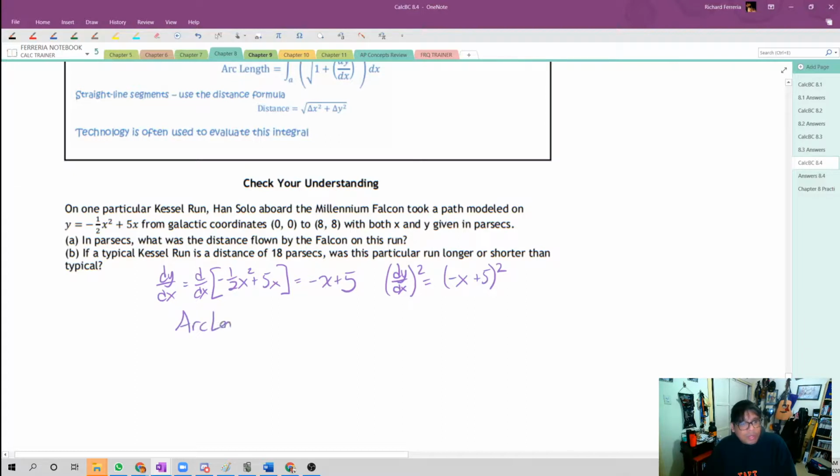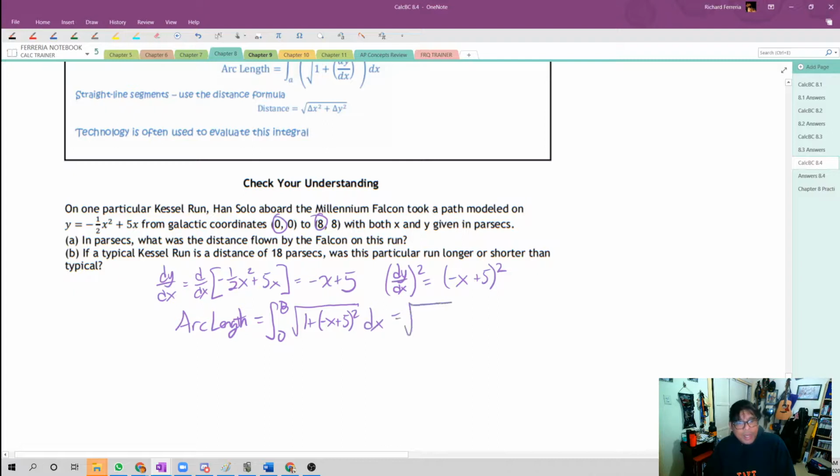So the arc length is going to be equal to the integral from x min, which is 0, to x max, which is 8, of the square root of 1 plus (negative x plus 5) squared dx.